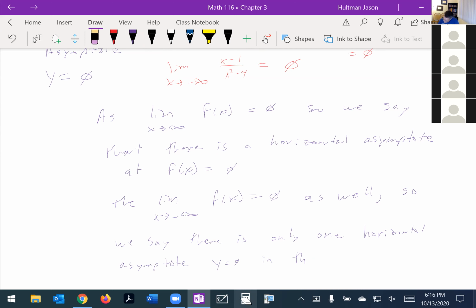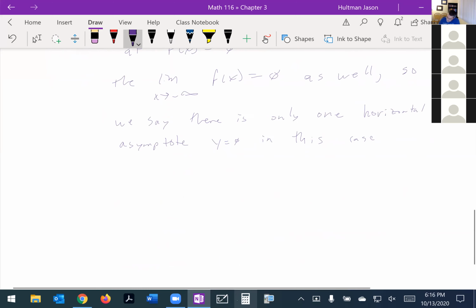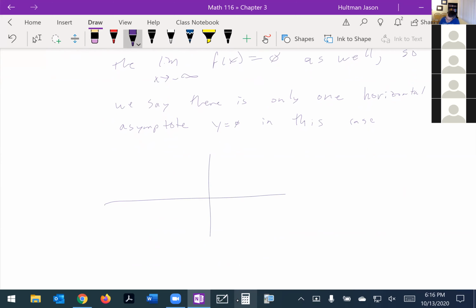Now, you could get different horizontal asymptotes. It is possible. For example, if I had a function that looks like this, I could get a horizontal asymptote of 1 as I go to positive infinity. The limit as x goes to positive infinity of f of x is equal to 1.